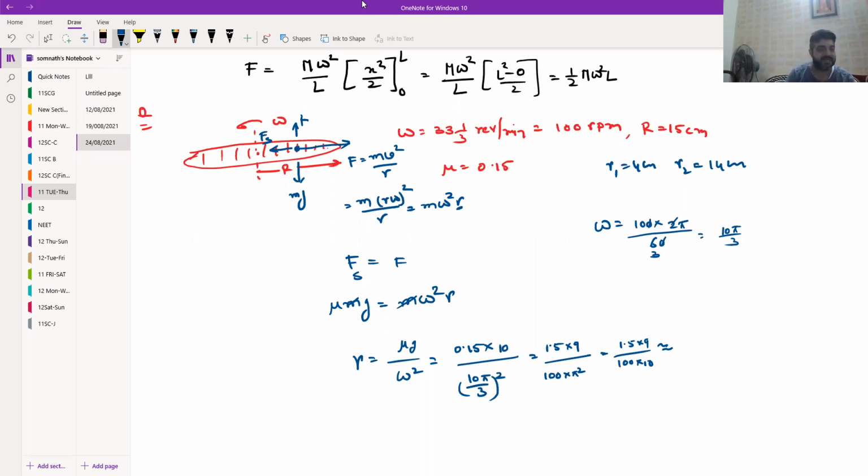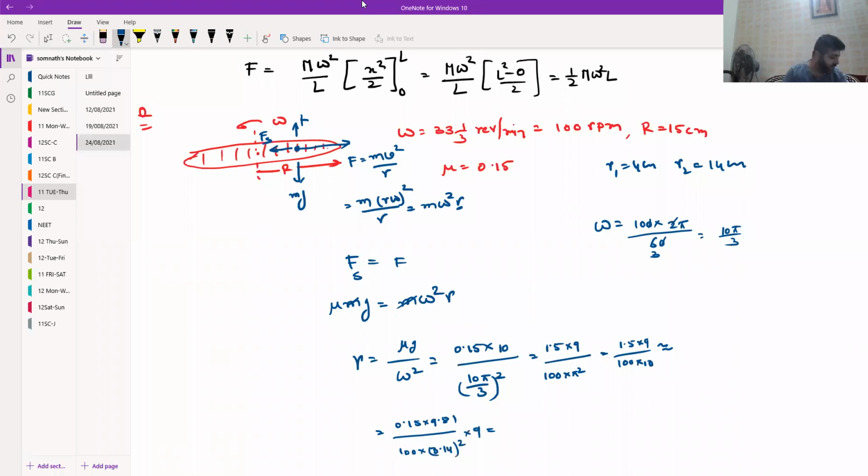Now you can check and tell me, but according to NCERT, because they use exact values, they use 0.15 into 9.81 into 100 by 3.14 whole square into 9.